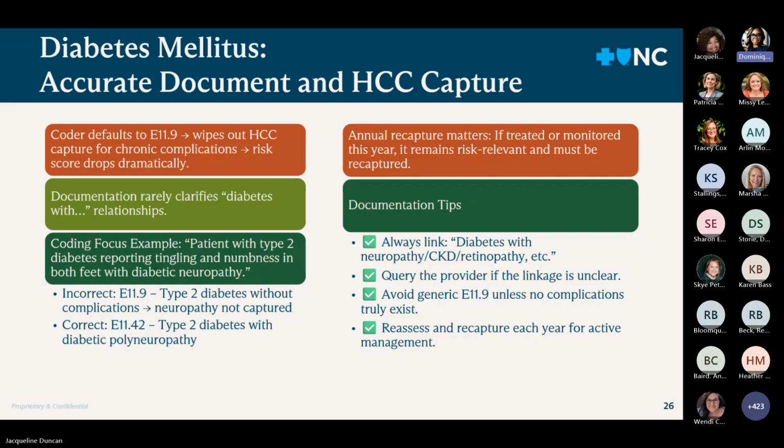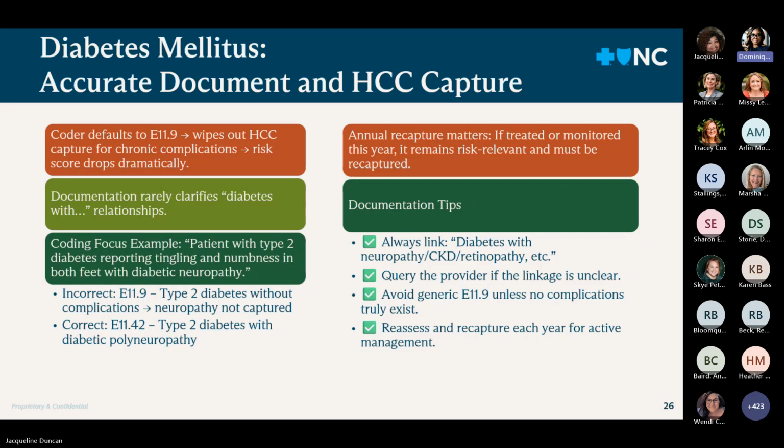To avoid this, documentation must clearly link diabetes with its complications, such as type 2 diabetes with neuropathy or with CKD stage 3. These linkages are critical for coding accuracy and HCC validation. If the relationship is unclear, query the provider rather than using a generic code.